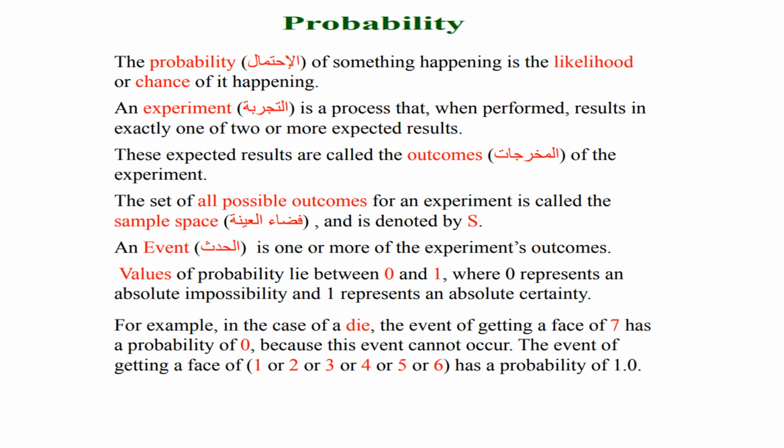The event of getting any one of 1, 2, 3, 4, 5, or 6 has a probability of 1. So for a definite event, absolute certainty, the probability is 1.